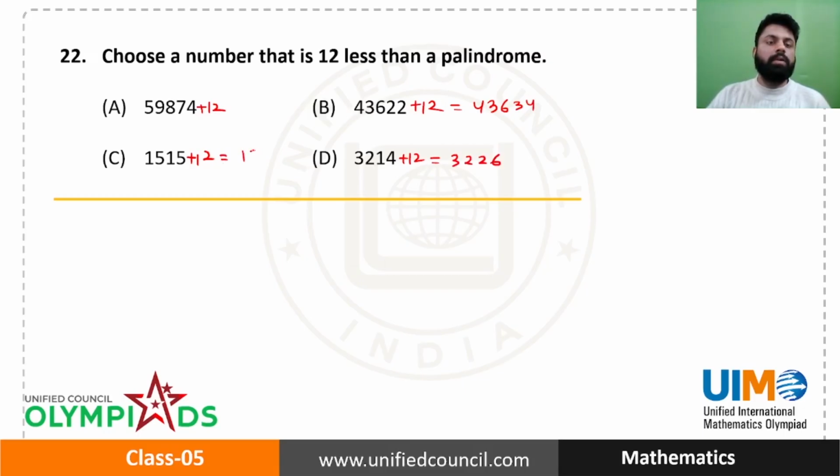This will become 1527. This will become 59886. Now, is it a palindrome? No. Is it a palindrome? No. Is it a palindrome? No. But this is the palindrome, 43634. B option.